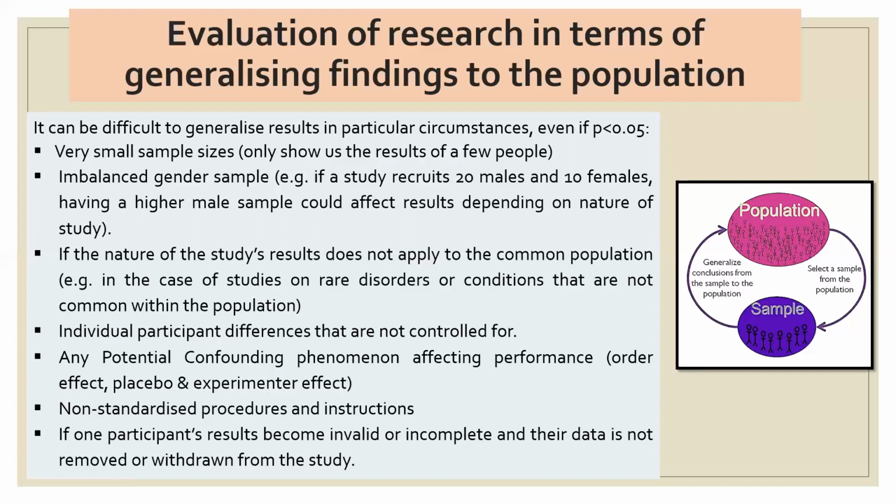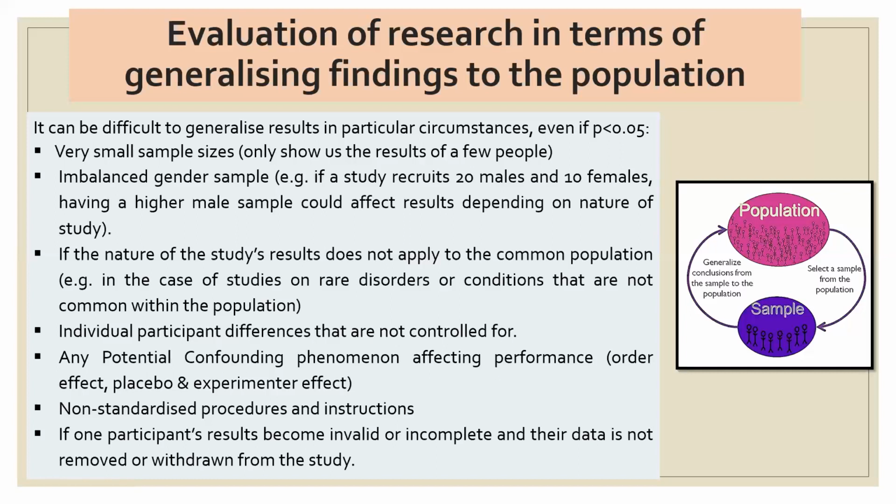Any potential confounding phenomenon or variable that could affect performance, for example, order effect, placebo effect, experimenter effect, all of these potential confounding variables can affect a participant's performance and thus make it difficult to generalize the results. Non-standardized instructions and procedures, so that's obviously talking about two researchers, but they're not giving the same instructions.